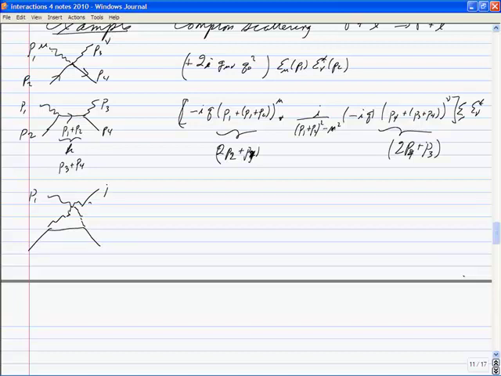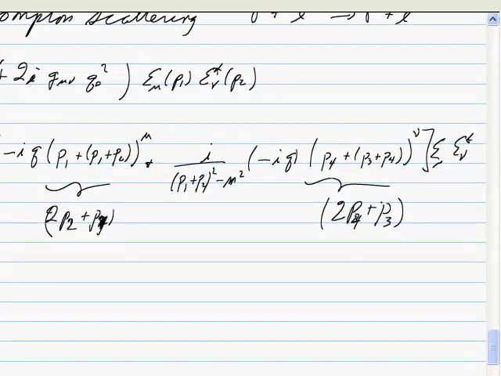So P1, P3, P2, P4. This is also a possible diagram. You emit at this vertex, the final one. You absorb the initial one at the second vertex. So it's also one of the possible permutations of this.